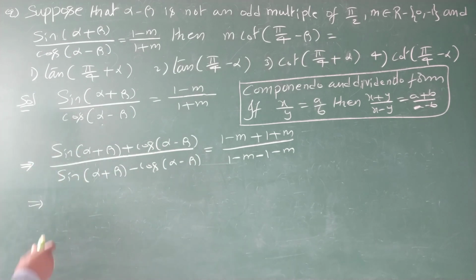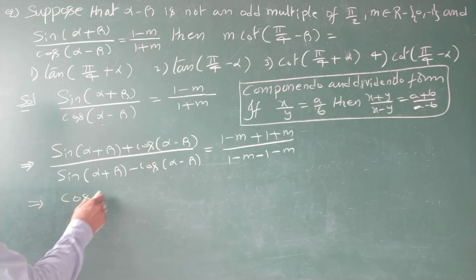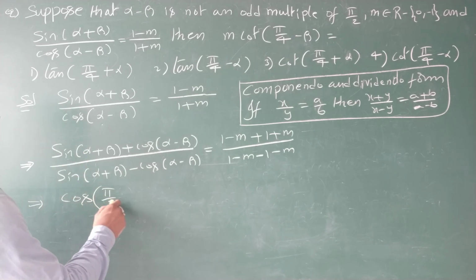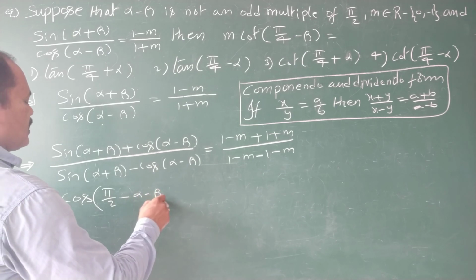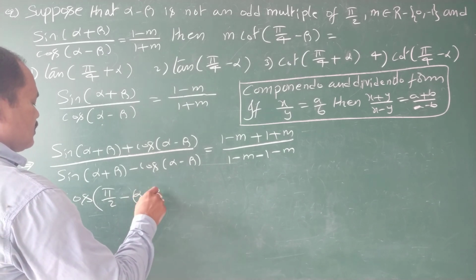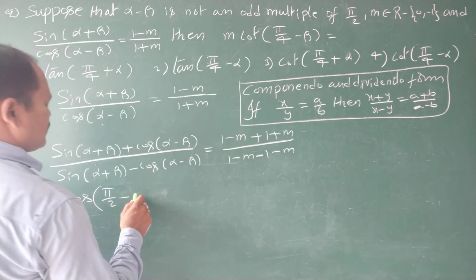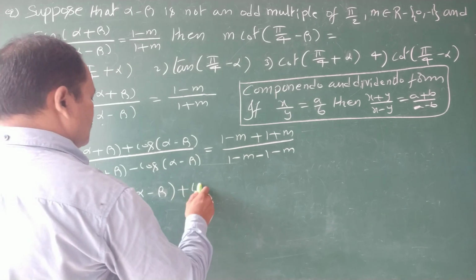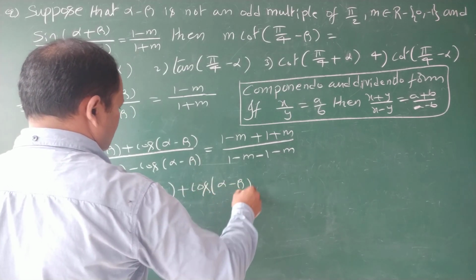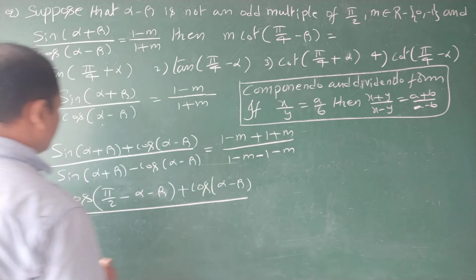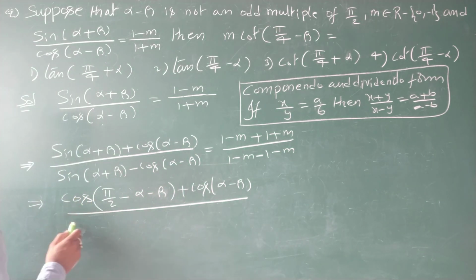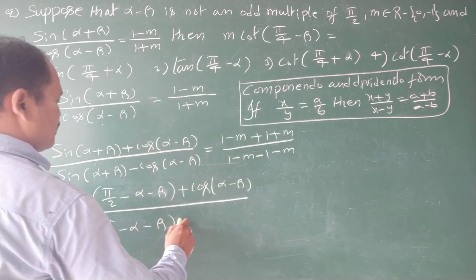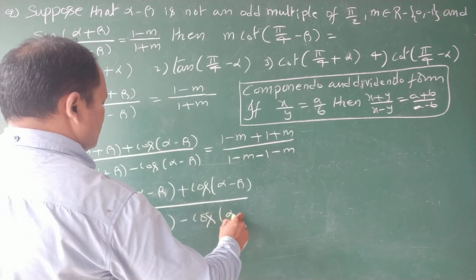Now this can be converted into cos, that is sin of (alpha plus beta) is cos of (pi by 2 minus (alpha plus beta)), so numerator is cos(pi by 2 minus alpha minus beta) plus cos(alpha minus beta), and in the denominator, cos(pi by 2 minus alpha minus beta) minus cos(alpha minus beta).